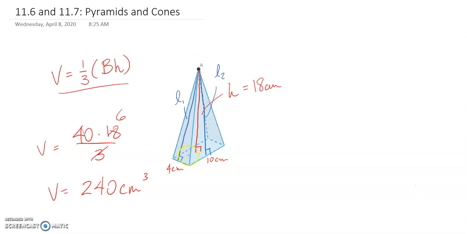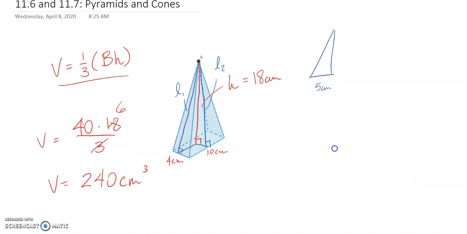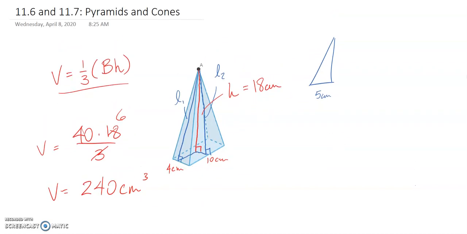Now, to find these slant heights, I'm going to need to get a little bit creative with some right triangles that are sort of intersecting and inside my pyramid. First, with L1. I've got a right triangle, the base of which is going to be 5 centimeters, and the height is 18 centimeters.